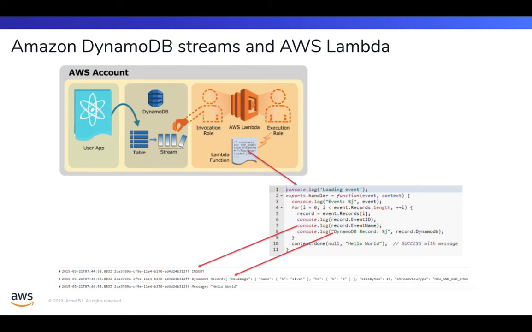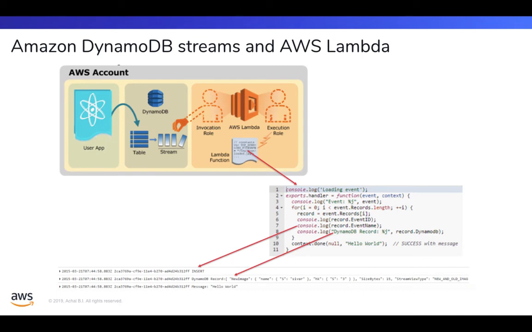You could integrate a DynamoDB stream with AWS Lambda, and if you have to integrate it, then you have to provide two permissions for Lambda. One is an invocation role and another one is an execution role.